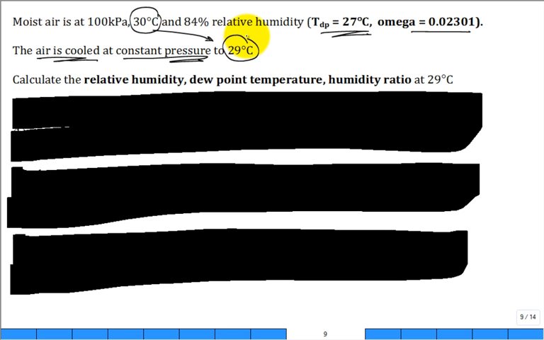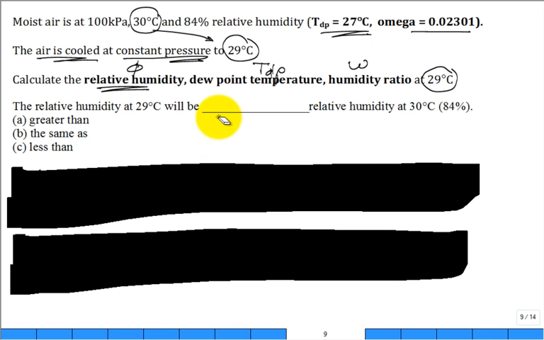At that new lower temperature of 29 degrees C, calculate the relative humidity, phi, calculate the dew point temperature, dP, and then calculate the humidity ratio, omega. But before we launch into numerically calculating those, answer the questions qualitatively.